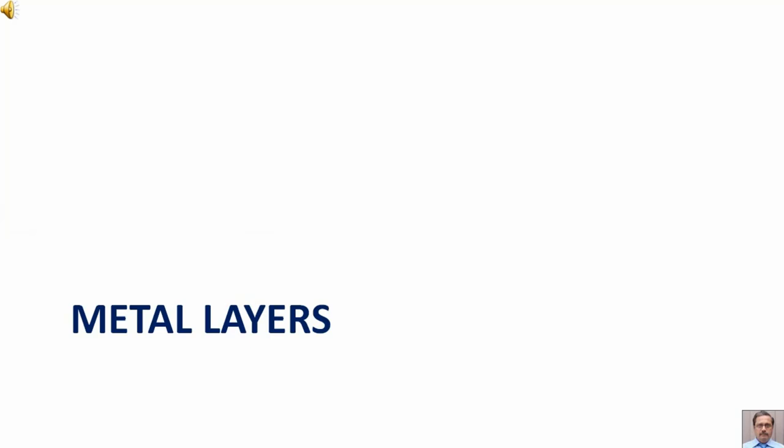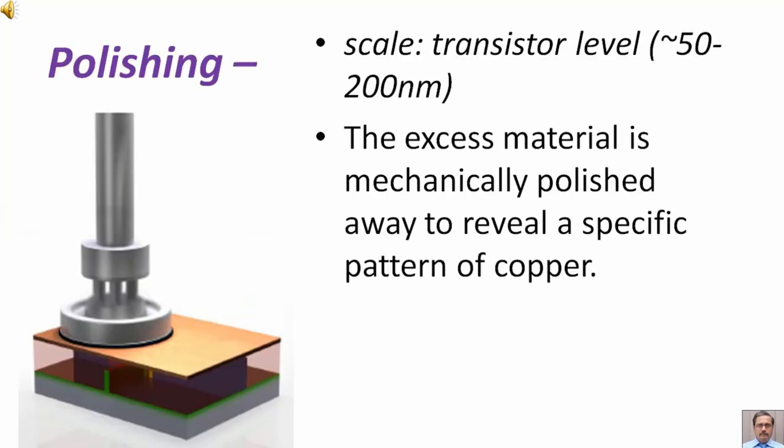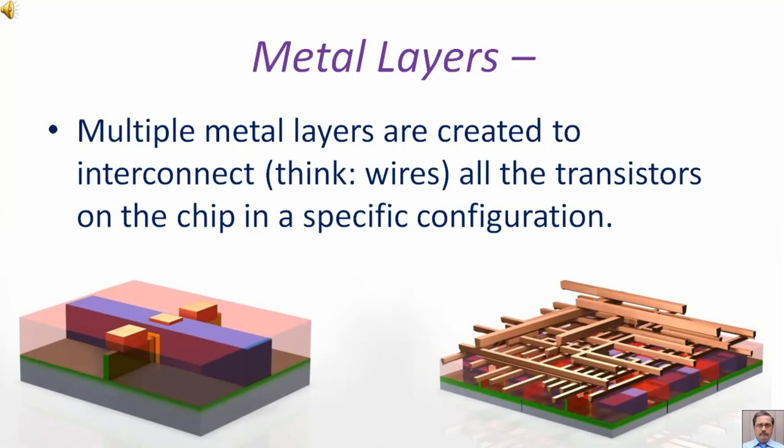Metal layers. Polishing. The excess material is mechanically polished away to reveal a specific pattern of copper. Metal layers.